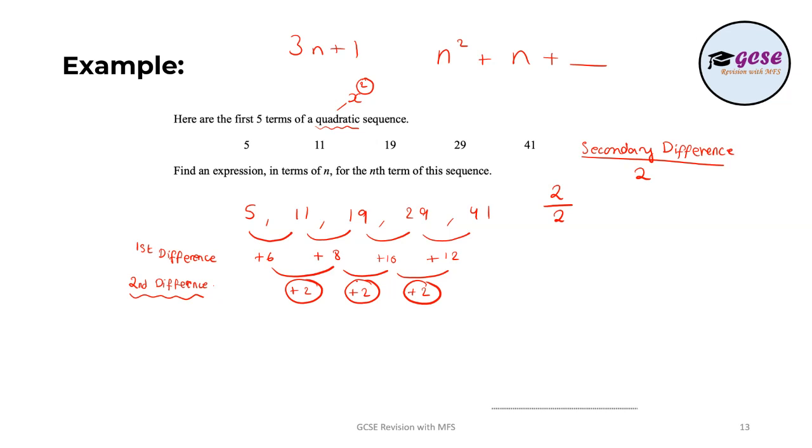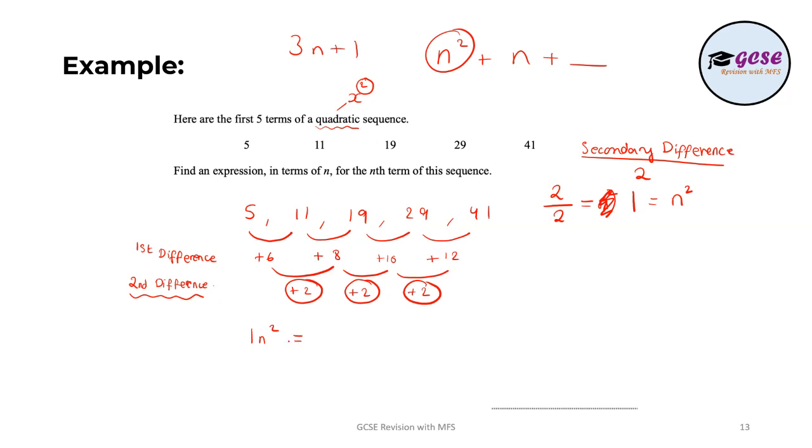In this case, the second difference is 2. Sorry, I've skipped a step there. 2 divided by 2 is 1, and that is now the coefficient of n squared. Remember, n squared is the first term in our quadratic sequence. The coefficient, which means the number before n squared, is 1. So we have 1n squared.